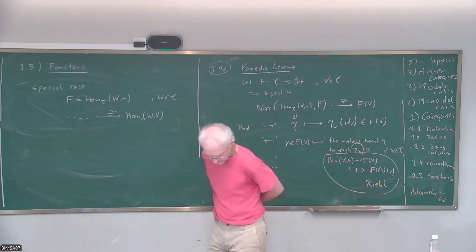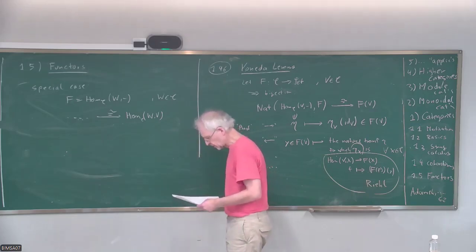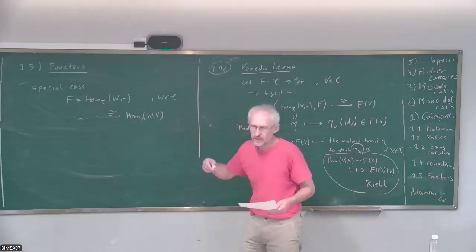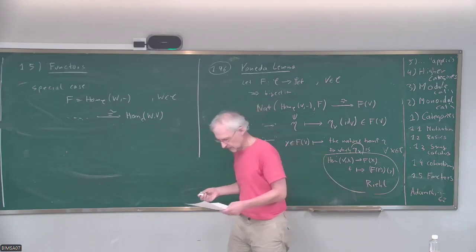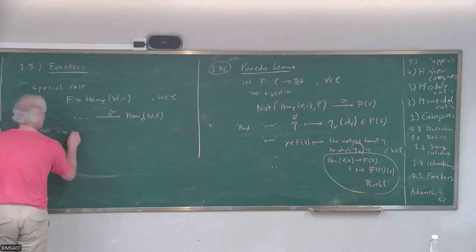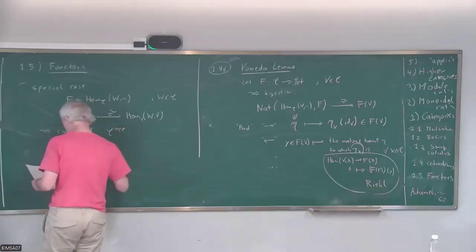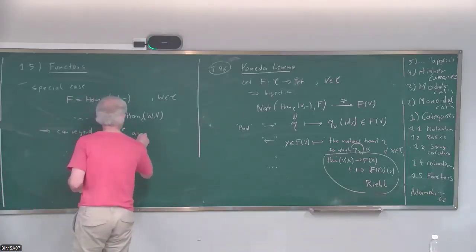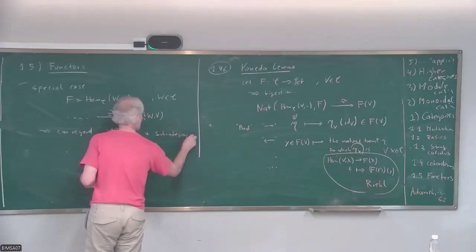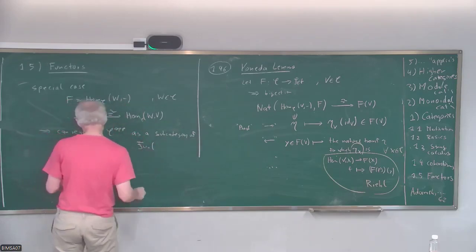And this can be used in various situations to detect that there are isomorphisms between objects. And also it allows you to regard the opposite category of C as a subcategory of the functor category from C to Set.